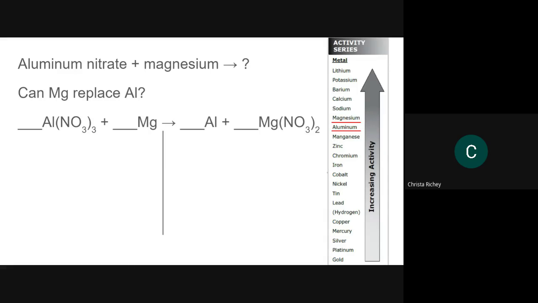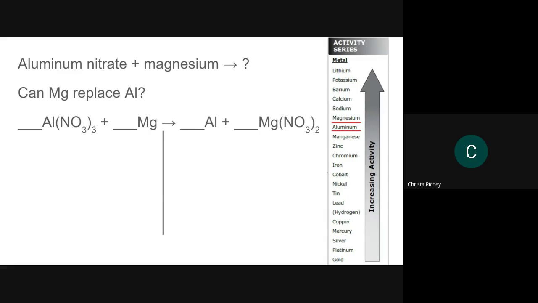So we're going to have some crisscrossing going on. And I know that they're there on the board, but you still have to be able to do this process. I'm going to need 1 aluminum for every 3 nitrates. You have to put the nitrate in parentheses. Charges vanish. Let me move this over closer to it.